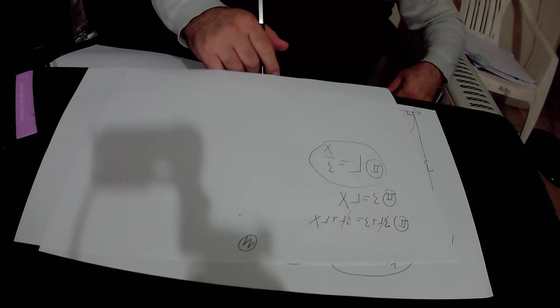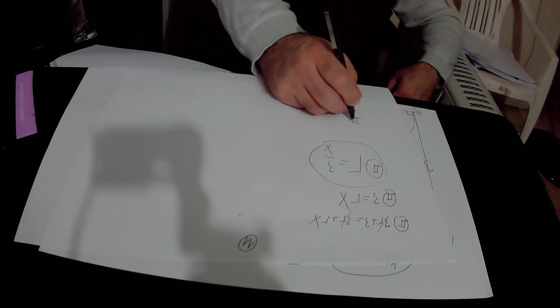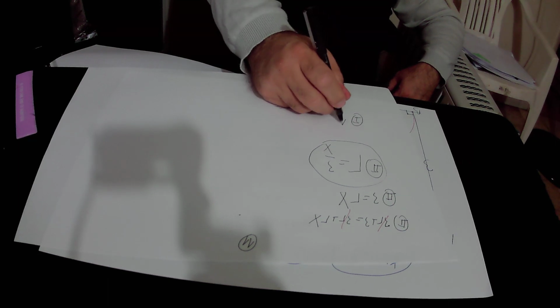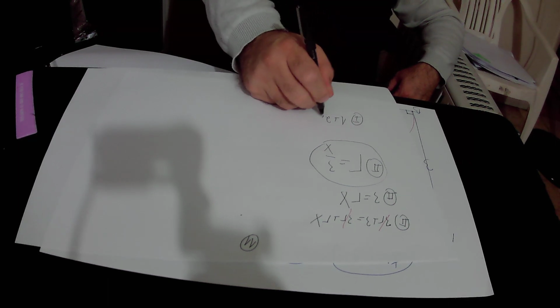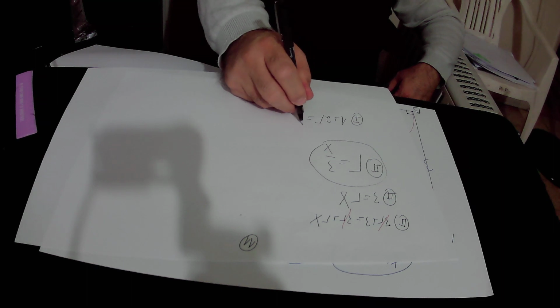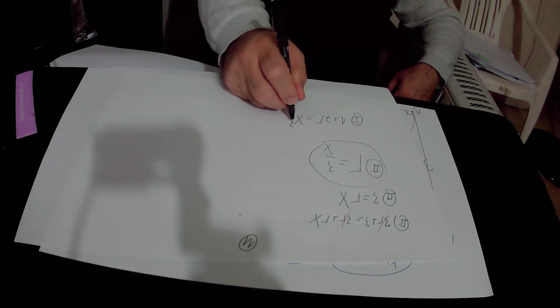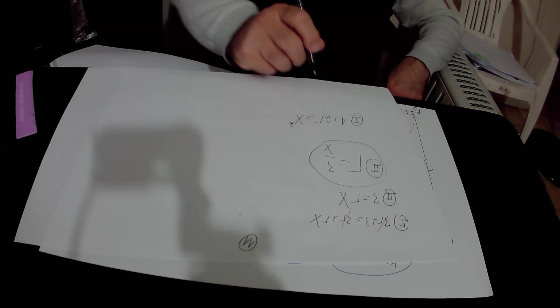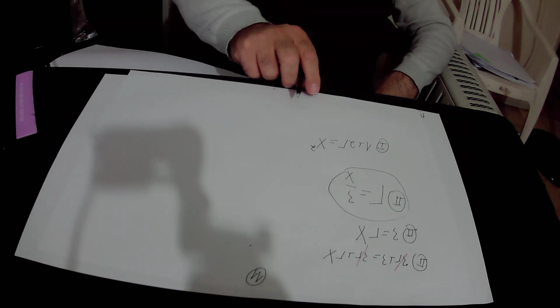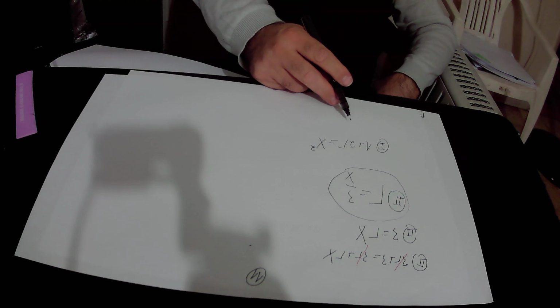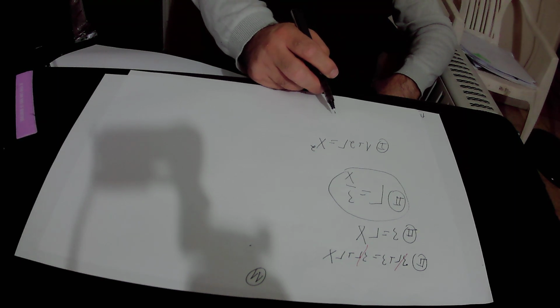But according to equation number 1, we have already found out that 1 plus 2r equals x squared. Okay? That is what we have already found according to equation number 1.